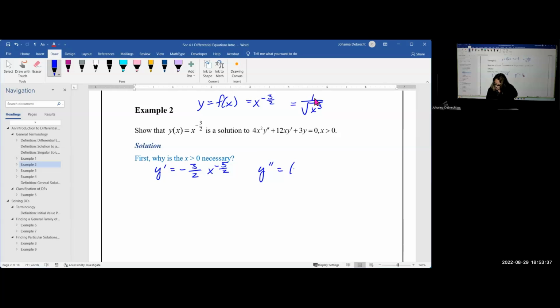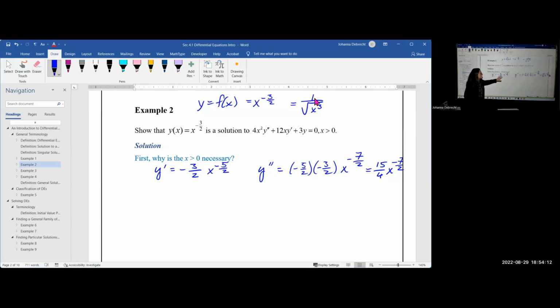So that would give us a negative 5/2 times the negative 3/2 times x to the negative 7/2, subtracting one more from the power. Now, the negative 5/2 times negative 3/2 gives us a positive 15/4. So we can represent this as 15/4 x to the negative 7/2. And you could, of course, represent them in their radical form, but probably it will be easier just to leave it in its power form.